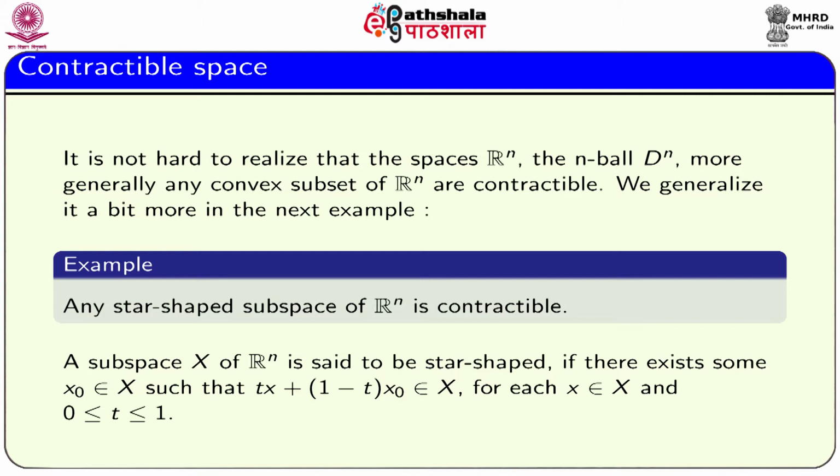So, obviously, any convex subset of Rn is star-shaped, and therefore, all these examples that Rn, Dn or any convex subset of Rn are contractible follow as a special case of this example.